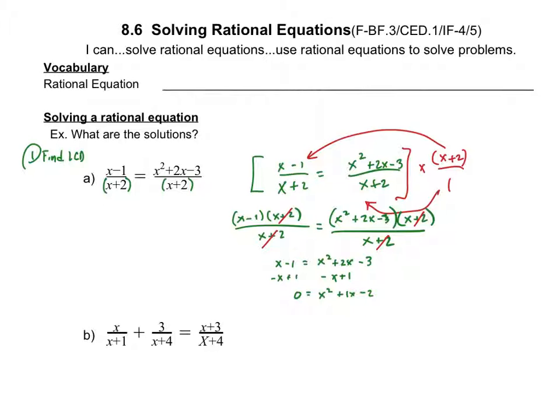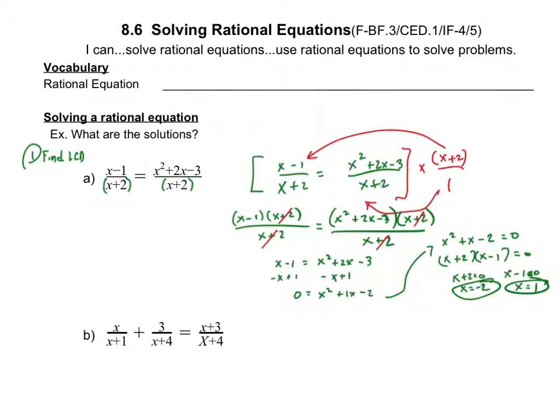We're going to have x² + x - 2 = 0, and you should be able to factor this at this point in time: (x + 2)(x - 1) = 0. So x + 2 = 0, x - 1 = 0, and then x is negative 2 or x is 1. And those are your two possible solutions to that rational equation.